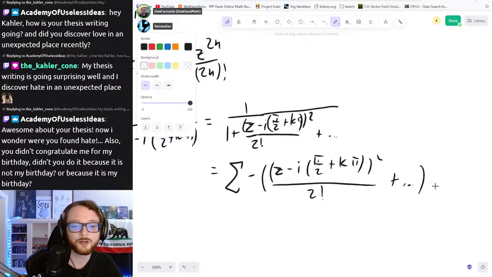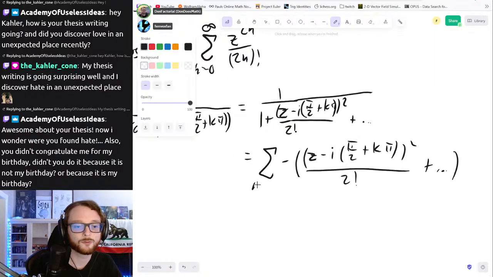Plus dot dot dot. And this series goes from n equals 0 to infinity to the n. I don't think this is a good thing. I got confused.